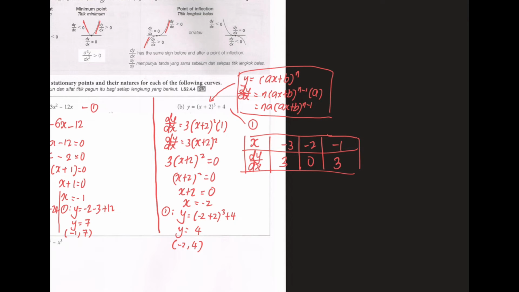Okay, now we look at our situation. First we get 3, positive, then 0, then positive again. So it belongs to this case, positive, 0 and positive.